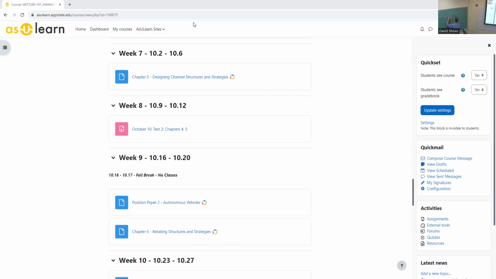Channel type, which is which unique channels should we use. And then finally, dual distribution, which is whether we should sell directly to the consumer at the same time we use traditional channels.